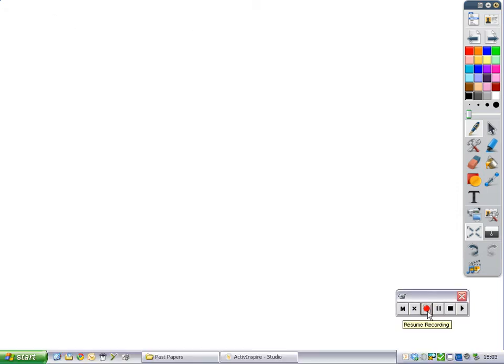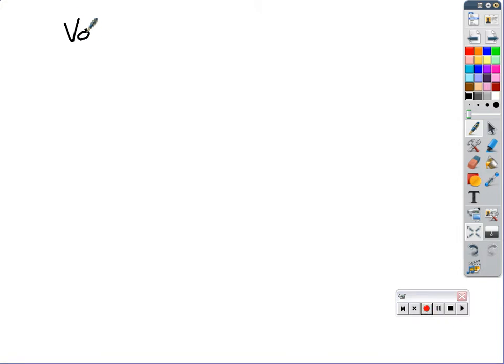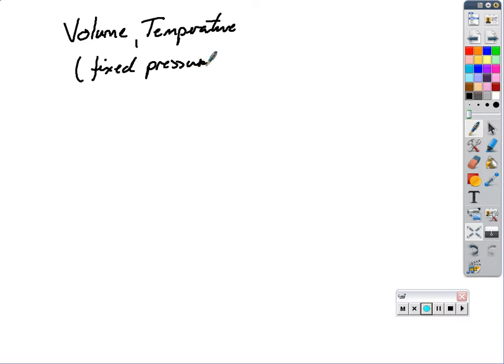Next relationship, which is volume and temperature for a fixed pressure. Now this was a difficult one to do because it's really difficult to keep that pressure constant.